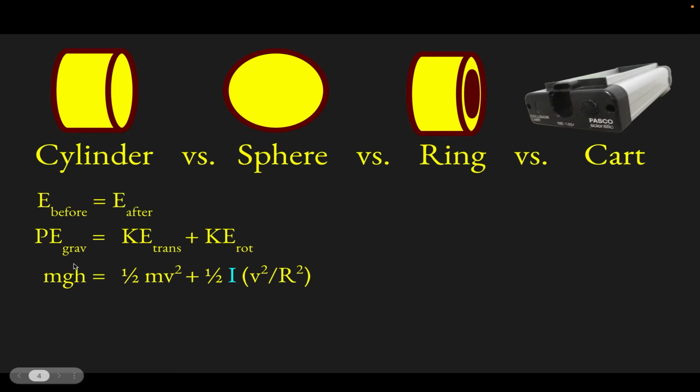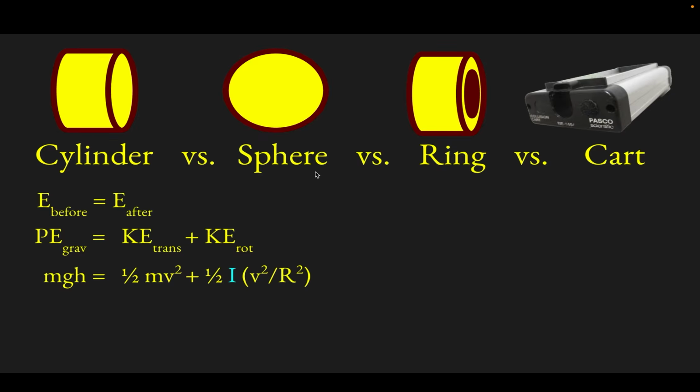So if we look at what each of these terms would be, gravitational potential energy will be mgh, the mass of the thing times g times the height of the ramp. And that's going to be equal to 1/2 mv squared plus a rotational term, 1/2 I omega squared, or v squared over r squared for omega squared, since the objects are rolling without slipping.